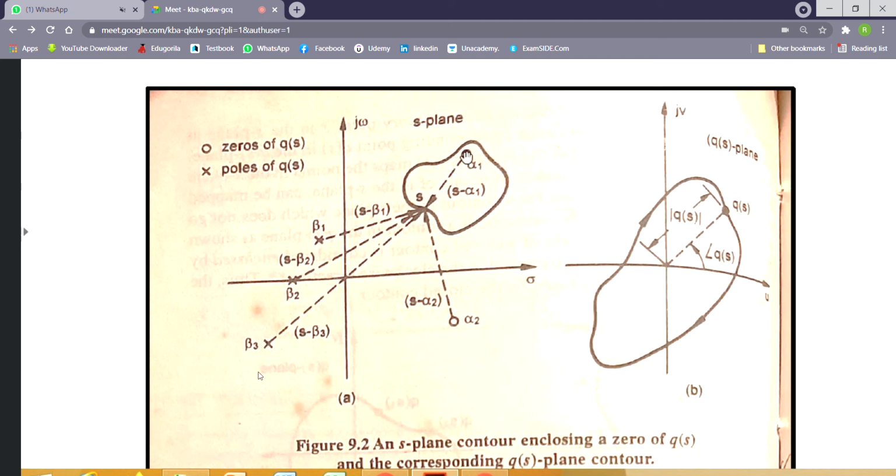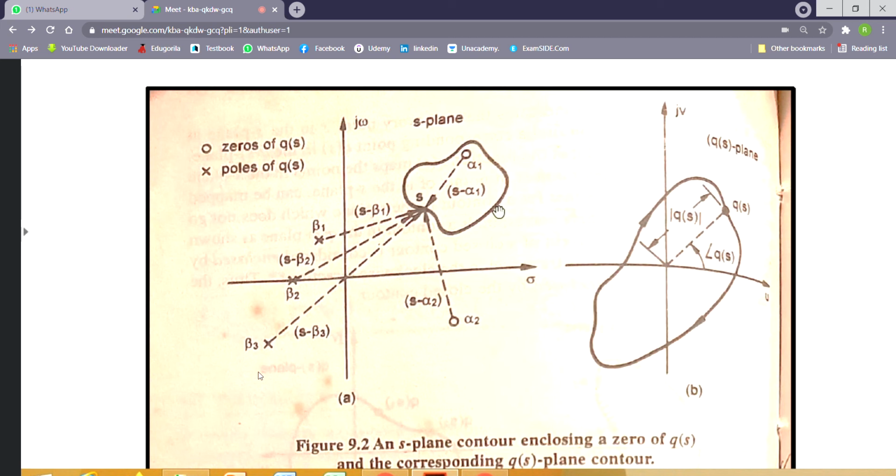So what will be the net change in angle of this phasor? That means delta angle S minus alpha 1. It will be minus 360 degrees. The sign part I will consider later on, but the tip of the phasor will complete a circle, isn't it?